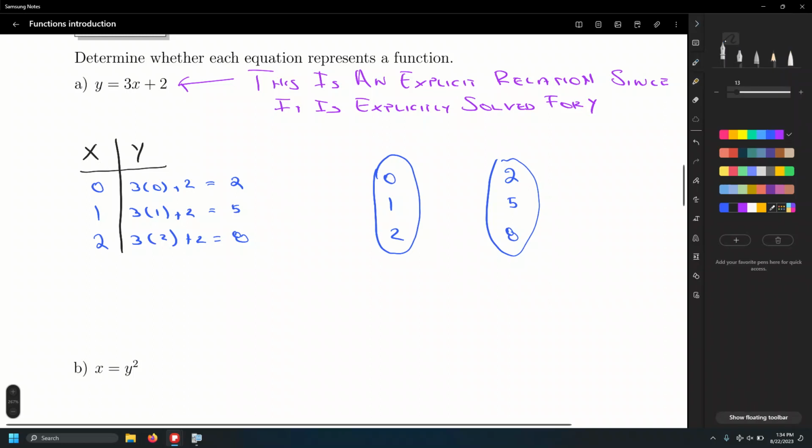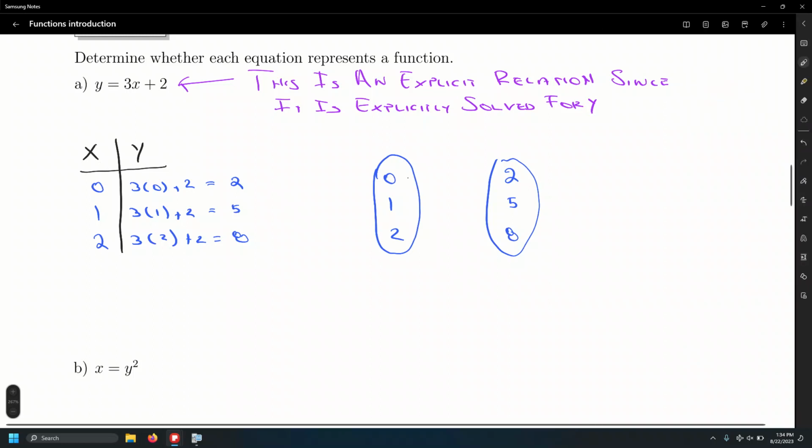And check this out. Do you see the correspondence here? 0 goes to 2, 1 goes to 5, 2 goes to 8 in this case. In other words, another way to see this is, for this relation y equals 3x plus 2, if my input is 0, how many outputs do we have? 2 is the result, but how many outputs?